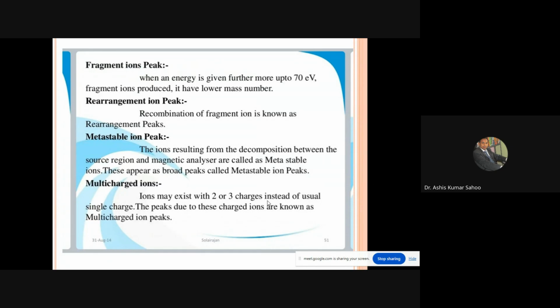What is the metastable ion peak? The ions resulting from decomposition between the source region and the magnetic analyzer are called metastable ions. These appear as a broad peak.